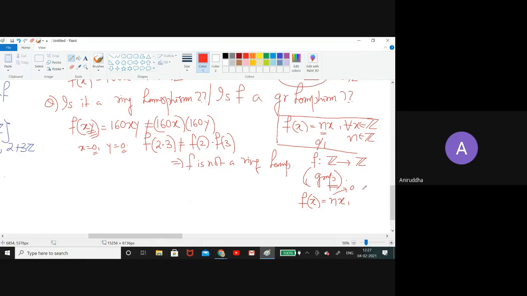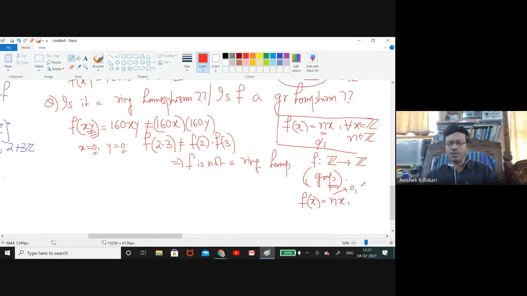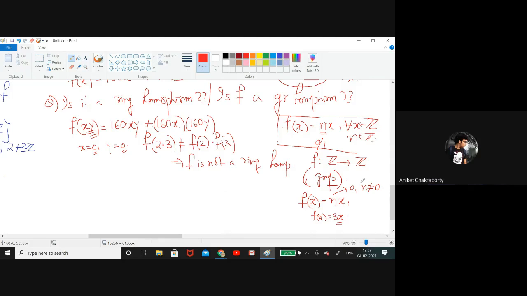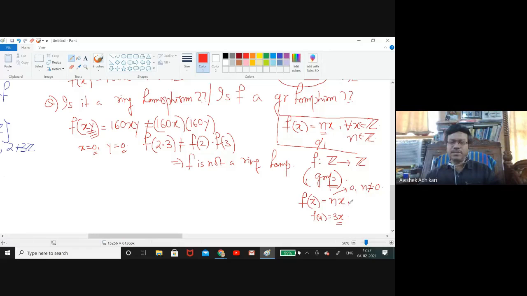Non-zero, okay. Now your first condition is n non-zero. Very good. Then if it is f(x) equal to say 3x, will this be a bijective mapping from Z to Z? Surjectivity will fail.